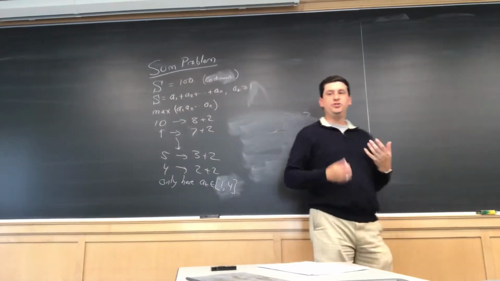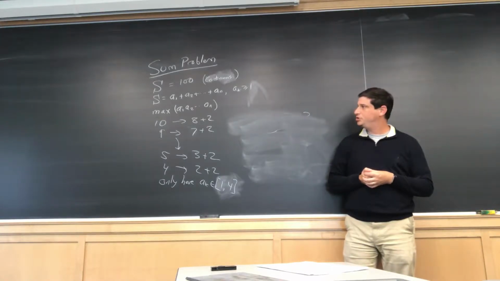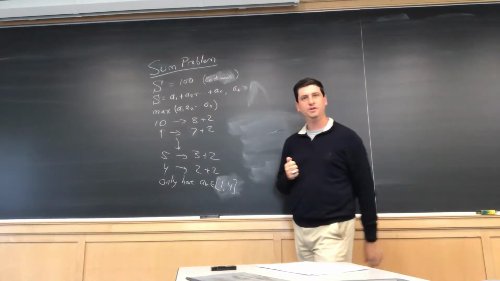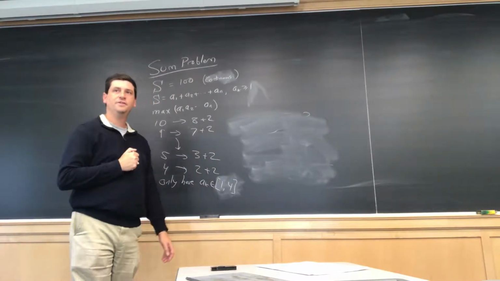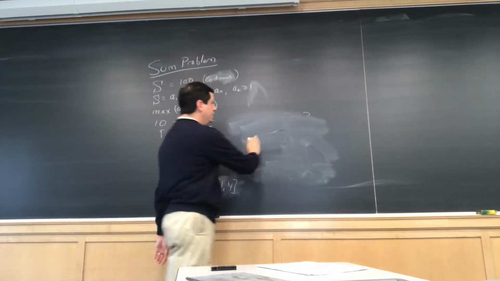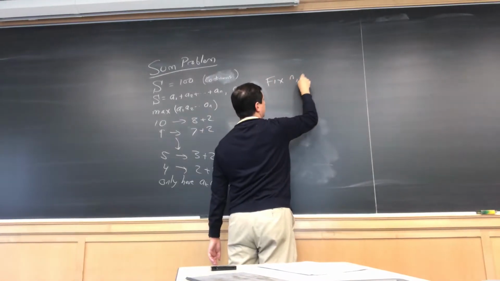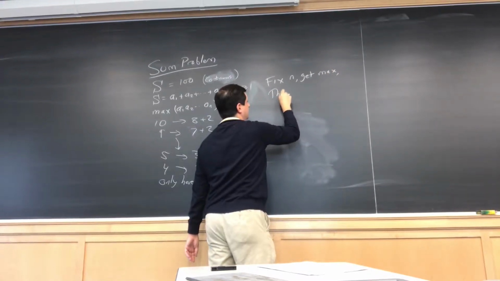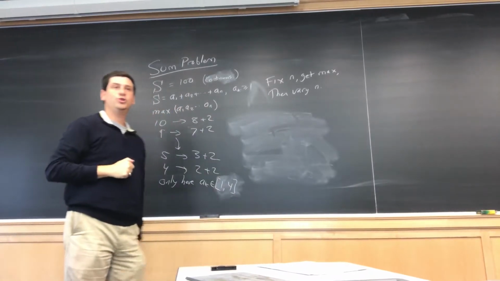All right, so we want to do this optimization problem. The problem is we don't know what n is. So what should we do? Maybe fix the value of n. Yeah. So we get it as a function of n. Fix n, get the maximum, then we vary n. So for each fixed n, we're going to get a maximum.